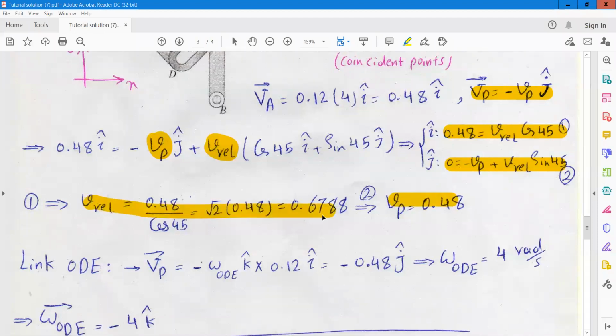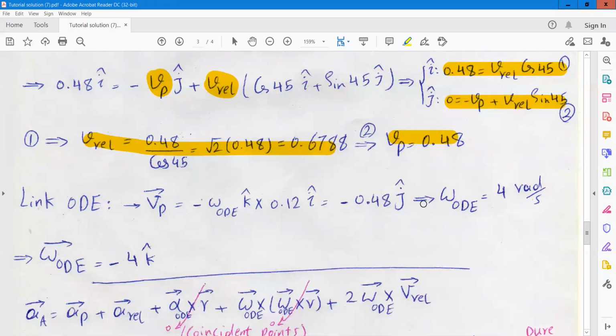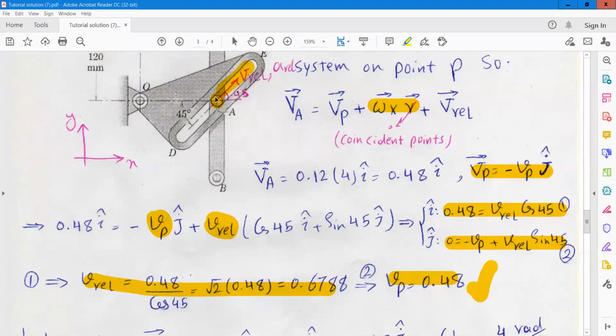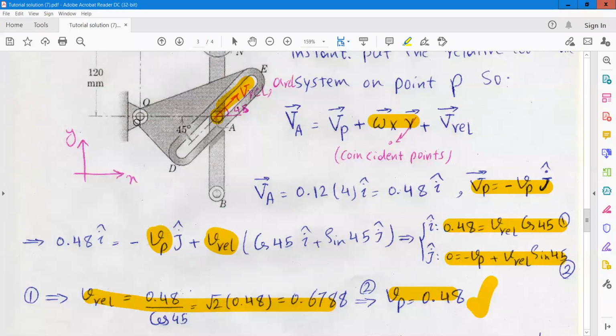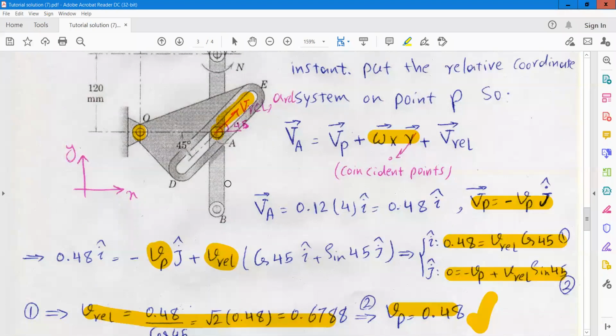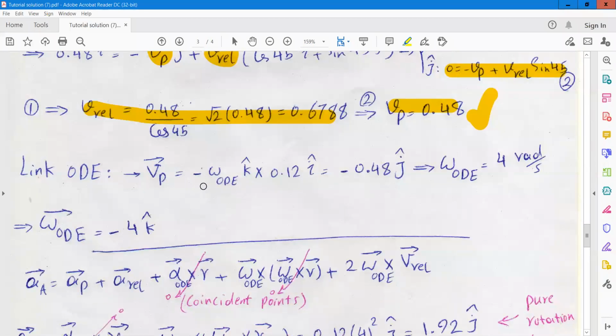So this is the relative velocity and this is VP. Then you can find the angular velocity for link ODE, because P is an imaginary point on link ODE. This is a pure rotational motion about point O, so the velocity of P is equal to the radius of point P, which is this length, times the angular velocity. So you can obtain the angular velocity easily.